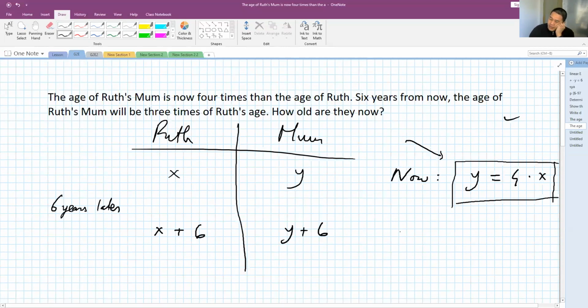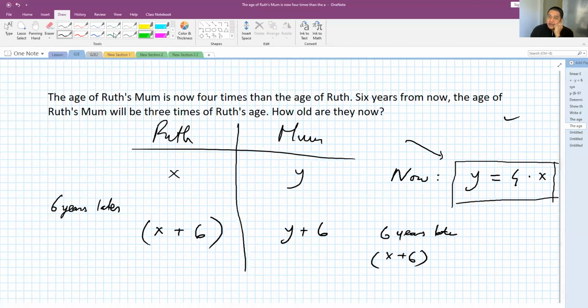It was written that 6 years later, the age of Ruth's mom will be 3 times. So, okay, we can write it like this.